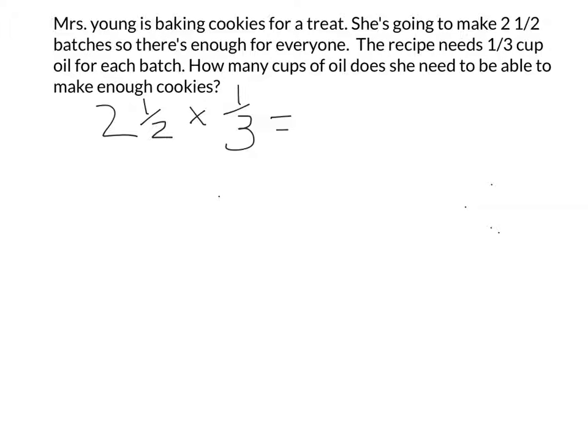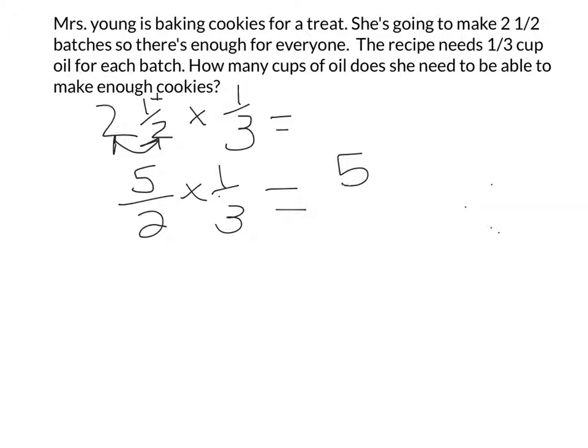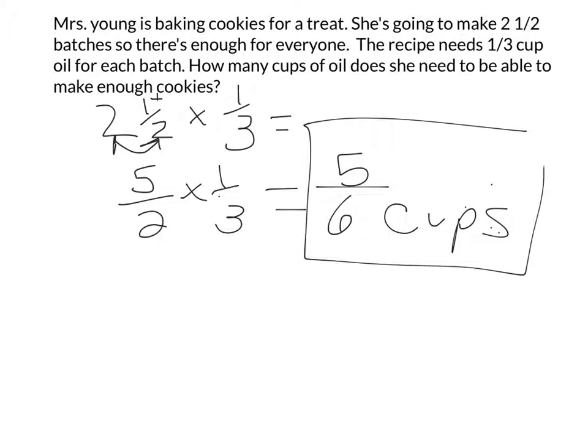So I'm going to change the mixed number into an improper fraction. So I do 2 times 2, which is 4, plus the 1, which gives me 5/2 times 1/3. Numerator times numerator, 5 times 1 is 5, and 2 times 3 is 6. So I actually need 5/6 cups of oil to make 2 1/2 batches of cookies.